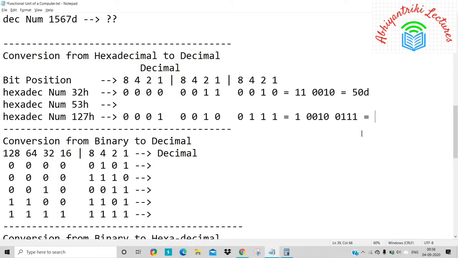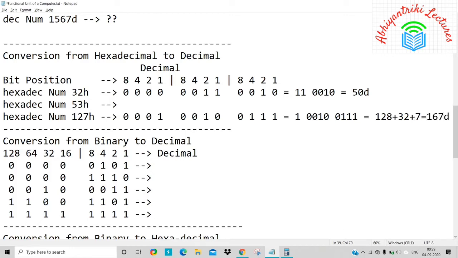This is the 128 position, plus 32, plus 1, 2, 4. 1 plus 2 is 3. 3 plus 4 is 7. If you add everything, you'll get the decimal number. 128 plus 32 is 160, 167D. This is the answer.